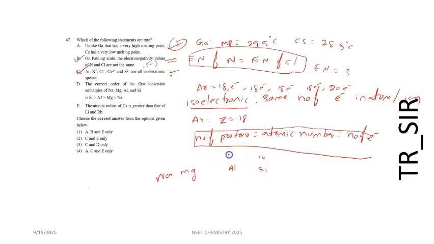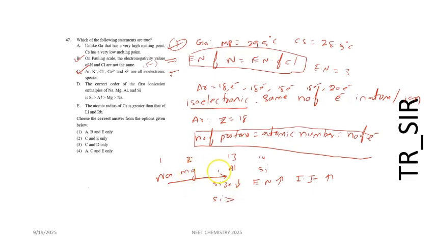When you go across the period, size decreases, electronegativity increases, and ionization energy increases. So silicon has the maximum among them.